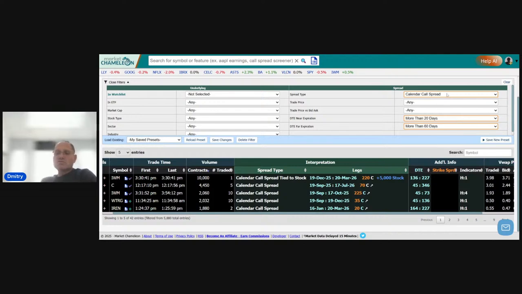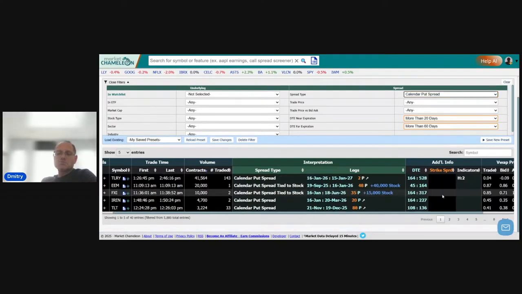If we wanted to do the same thing for put spreads, we could just look at calendar put spreads. And now we have calendar put spreads. Same idea here, but now we switched it to puts instead of calls. And Will, I'm going to stop there and throw it back to you. These were the features that I wanted to go over today.